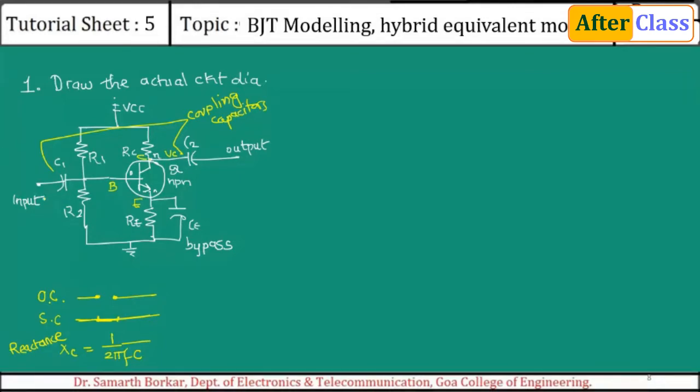Typically for an amplifier, this is 10 microfarad, this is 10 microfarad, and this is 47 microfarad at 22 volts. Depending upon the frequency and capacitance, you will realize that the value of X is very negligible, meaning it is very small, because the value of frequency is high.